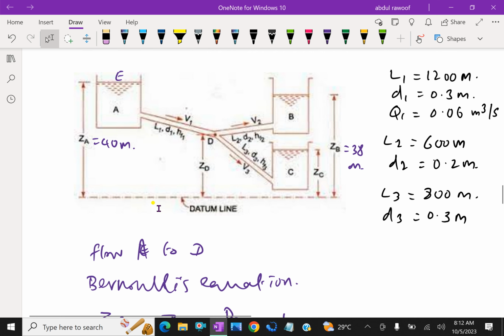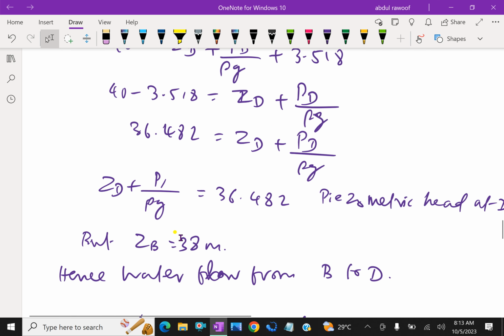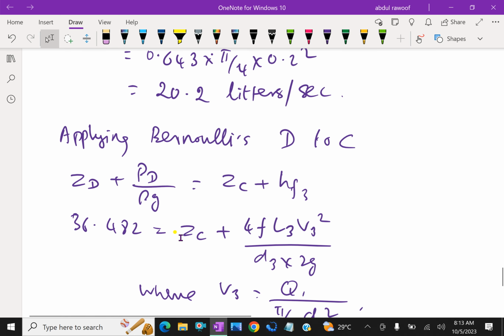We have already found the flow is from B to D, so this plus this is equal to that. We have to use this relation for continuity.